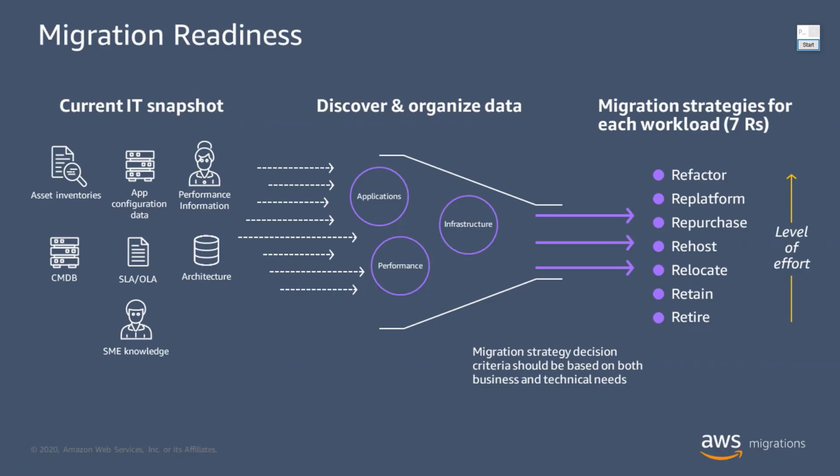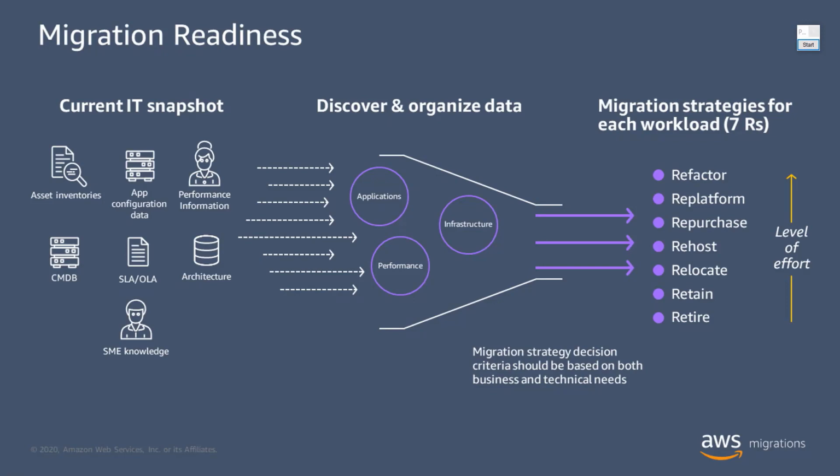In this slide, you can see that whenever you need to do a migration, you first need to look at the current snapshot of your IT infrastructure. Once you have a clear picture, you need to do some due diligence to discover and organize the applications, the data, and various other things related to your existing environment.